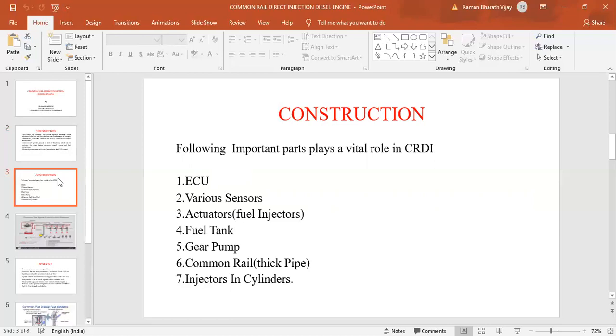Here in CRDI, the actuators are the fuel injectors. Fourth is fuel tank. Fifth is gear pump. Sixth is common rail, which in brackets I have given as thick pipe. Seventh is injector in cylinders. These are the 7 important parts which play a vital role in CRDI, and we will see these 7 parts in the next diagram.